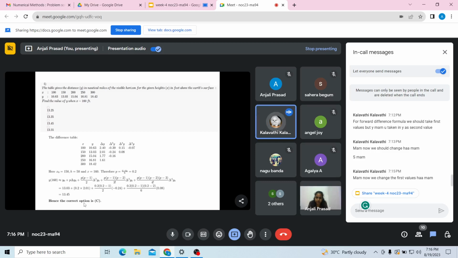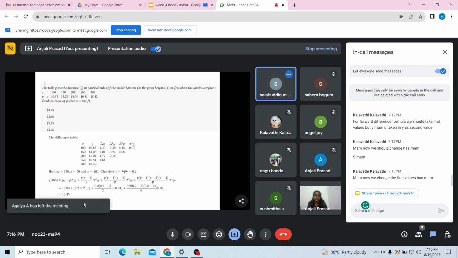First value is 10.63, the second value is 2.40, and the third value is minus 0.39, and the fourth value is 0.15. Okay, ma'am. No problem, madam. Only mistaken the values, 13.03. Otherwise, the values on the screen are not correct.